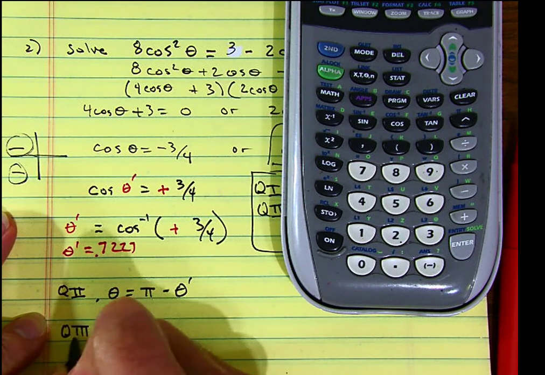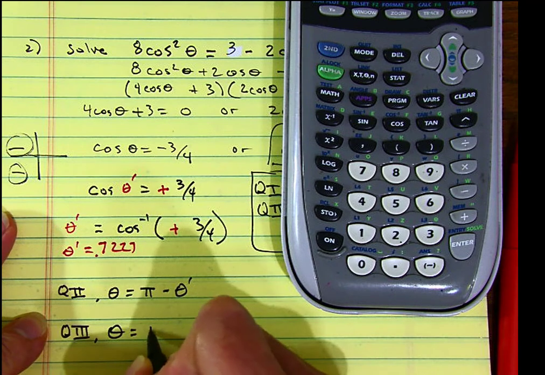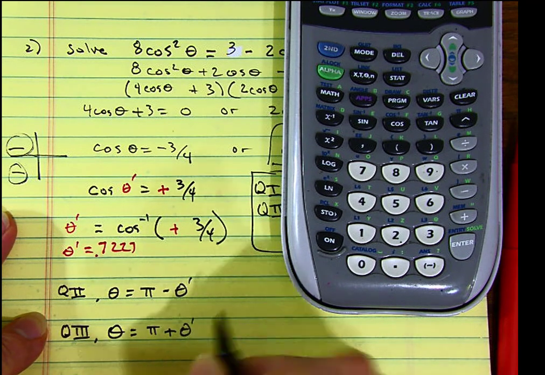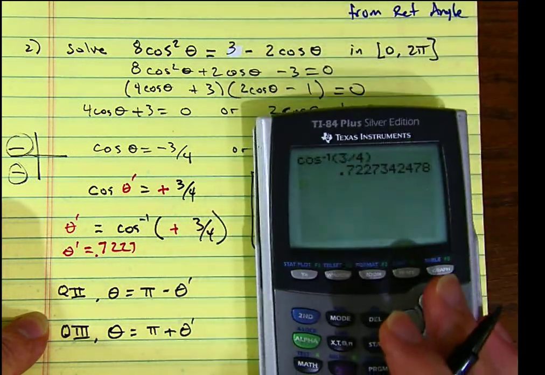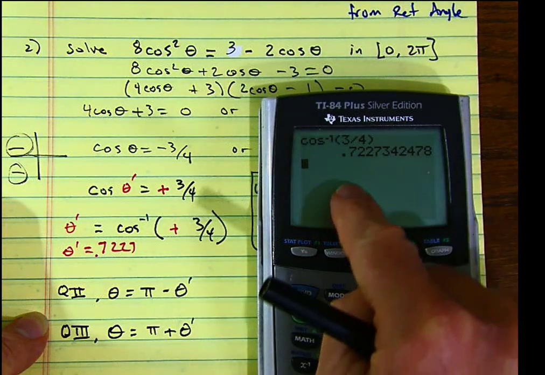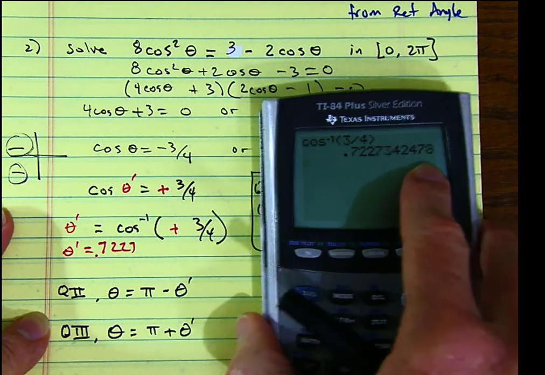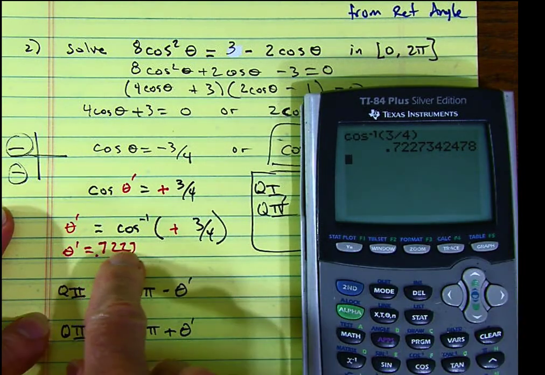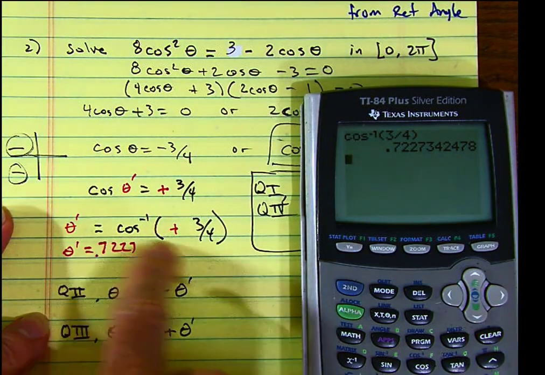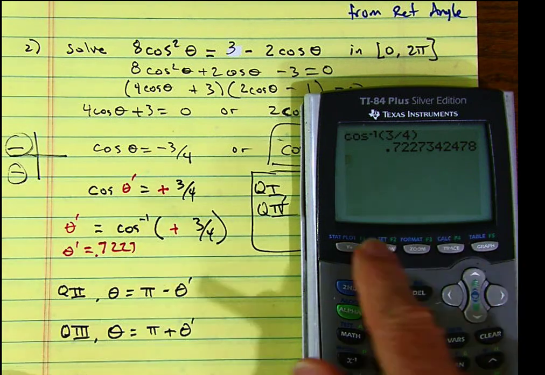And quadrant 3, theta is equal to pi plus the reference angle. So I'm going to use this more exact answer to do my next calculations and then round off from here, not from here. I'm not going to use this round off in here to give me a round off error.